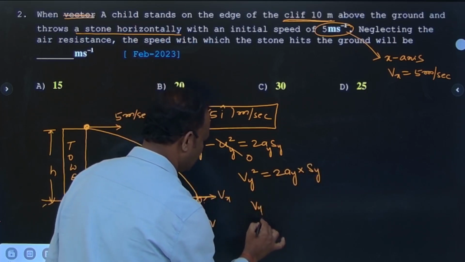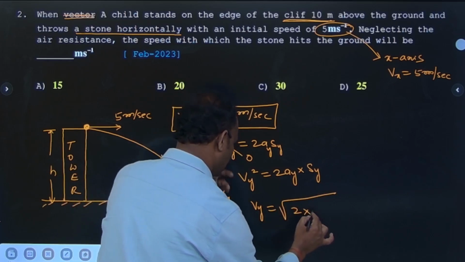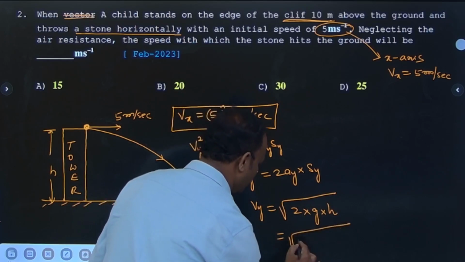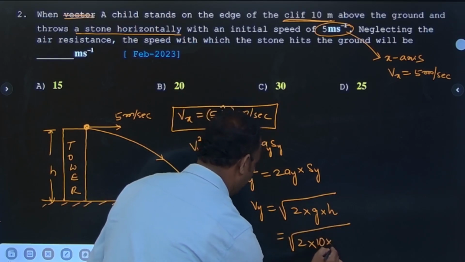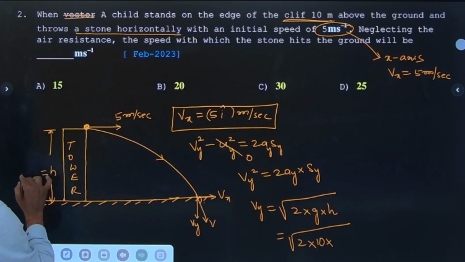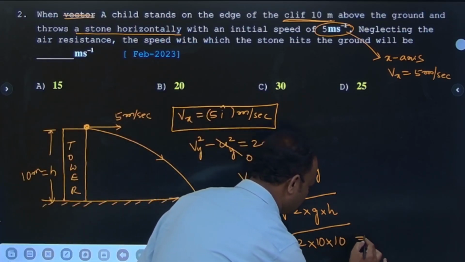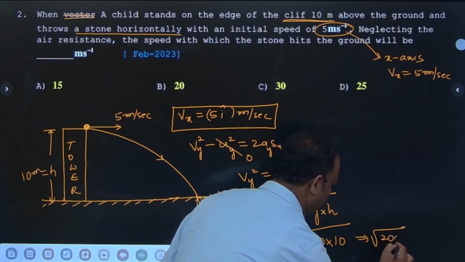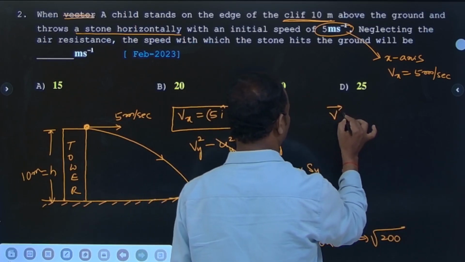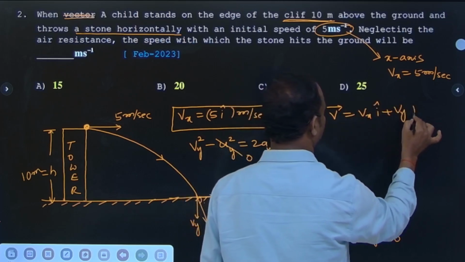So Vy is equal to square root of 2, ay is g, Sy is h. G is 10, and the height is 10 meter. So Vy is square root of 200.